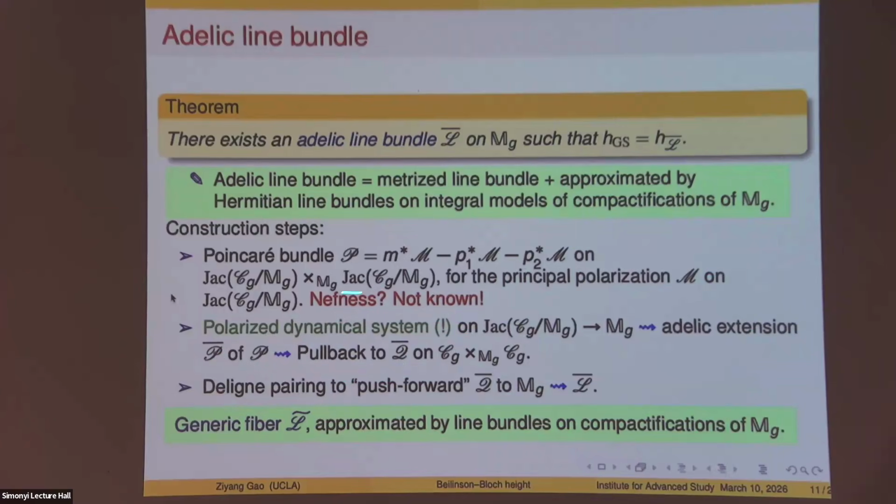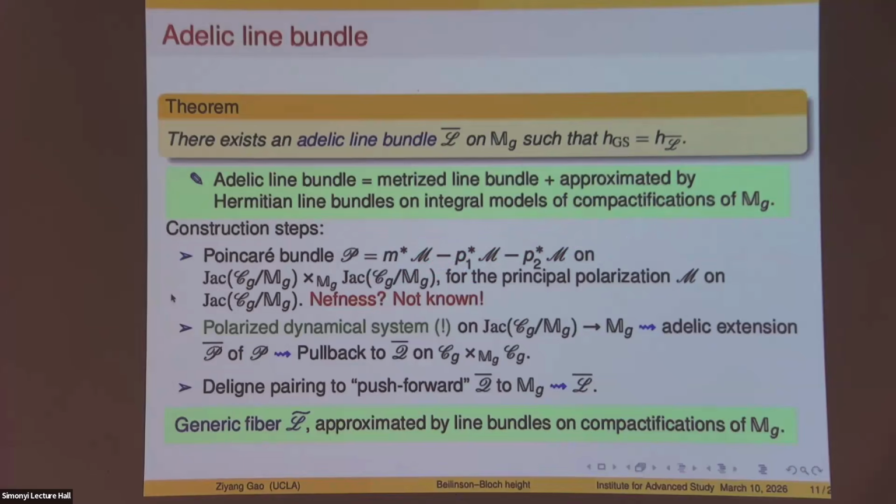So we start with the Poincaré line bundle on the Jacobian or the self product of the Jacobian. So this is the Poincaré line bundle. When we write the Poincaré line bundle like this, we see immediately that the first part is ample, but the second and third parts are also ample. We're taking differences, subtractions, of this ample thing by two other ample things.